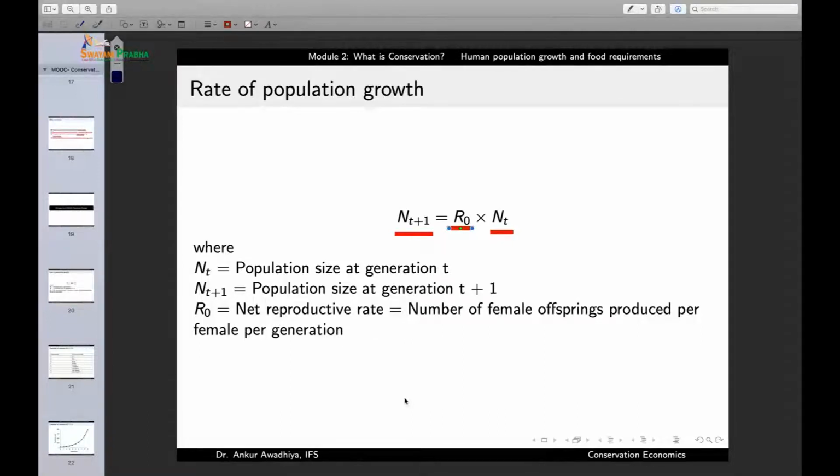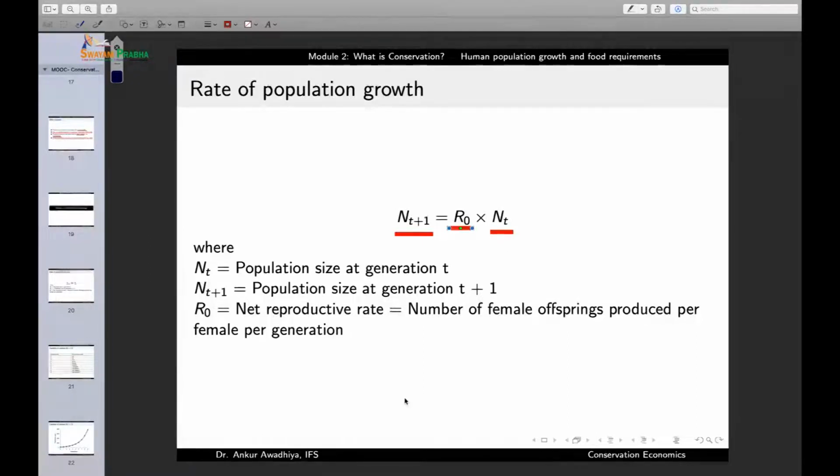Now, we represent it in terms of females because females give birth, and so if we know the number of females that have been born per female in this generation, it gives a very good idea of the rate of population growth. So, this is how we represent it in the case of population ecology.